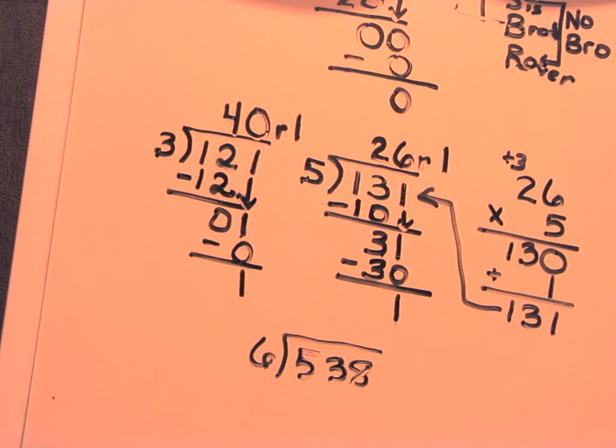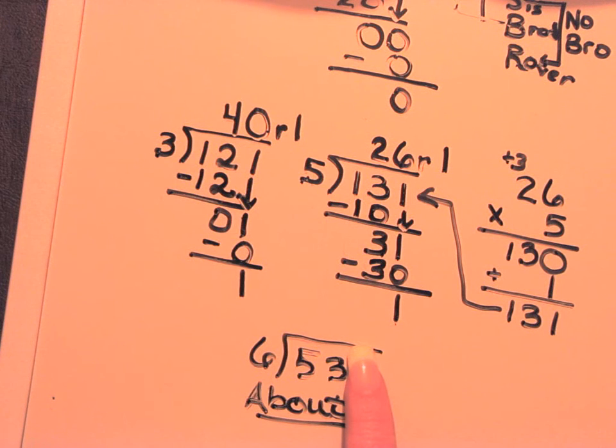Now, when we're looking for about how many, about means an estimated answer. So I don't want to do the full division and figure it out. What I want you to do is to think about taking off that 8 and thinking about what number, something times 6 is close to 53.